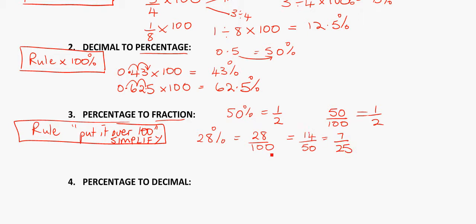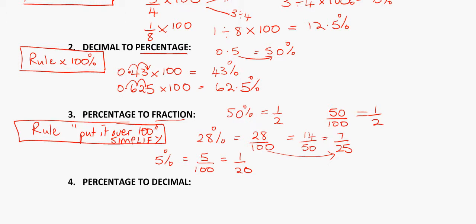If you put it in the calculator, it will go straight to that one. Okay, let's try 5%. What's that as a fraction? It's just 5 over 100, and simplify it and you'll get 1/20.